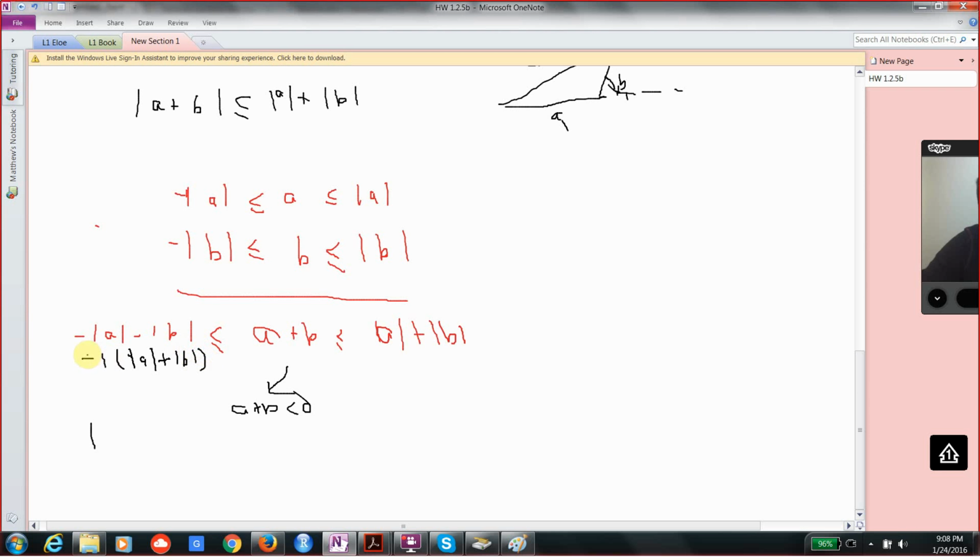So now I know for a fact that the absolute value of -1 times the quantity absolute value of A plus the absolute value of B is greater than the absolute value of A plus B.